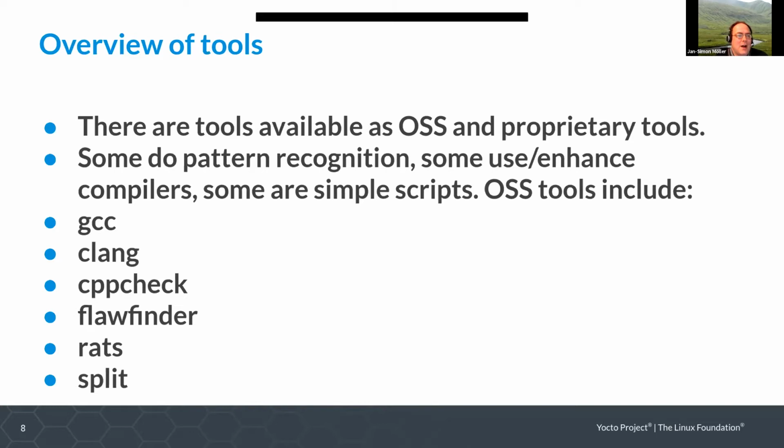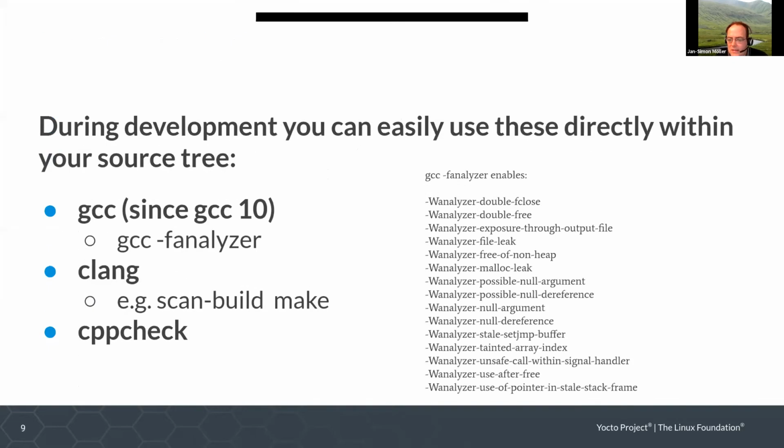The question is how we can integrate those. Today I will focus on CodeChecker, which is associated with Clang. If you want more info how to integrate the other tools, I recommend looking into meta-SCA, just as a side note. So let's take a look.